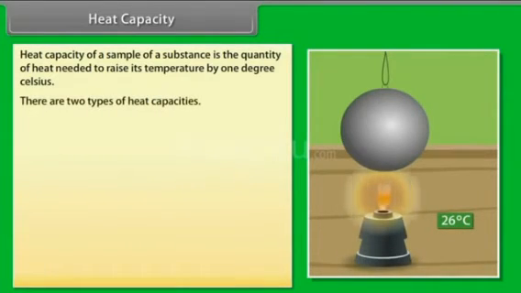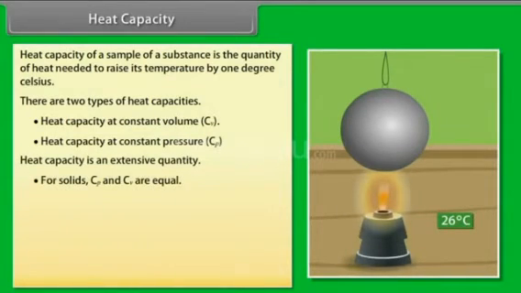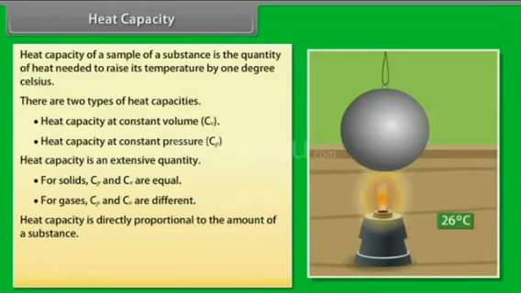There are two types of heat capacities: heat capacity at constant volume and heat capacity at constant pressure. Heat capacity is an extensive quantity. For solids, Cp and Cv are equal, and for gases, Cp and Cv are different. Heat capacity is directly proportional to the amount of substance. Q is equal to the product of Cv and delta T, where delta T is equal to Tf minus Ti.